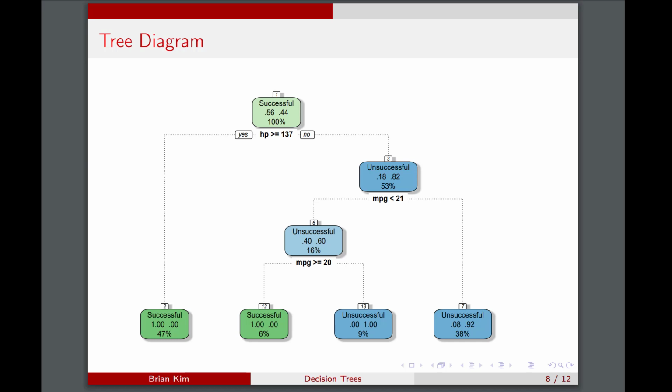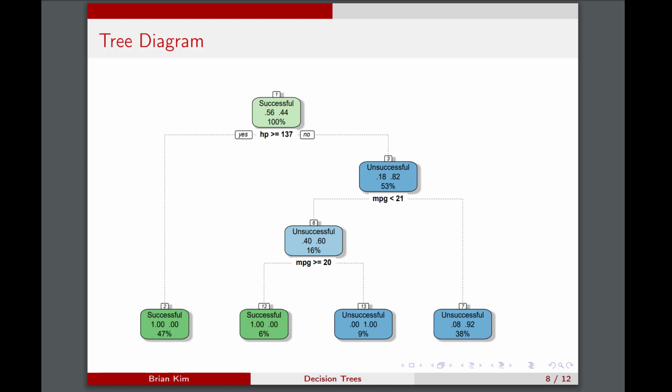In this case, there were 56% successful and 44% unsuccessful. And so that's why it's labeled successful at the very top. That number at the very bottom, the 100% of that box, just refers to how many data points there are in that node. This is just the very beginning. That number 1 box is the very beginning, and so 100% of the data points are there.